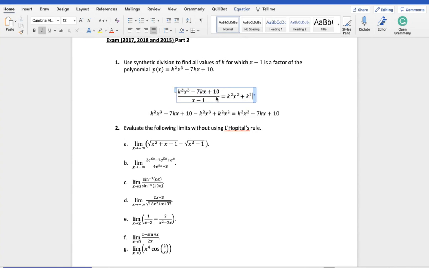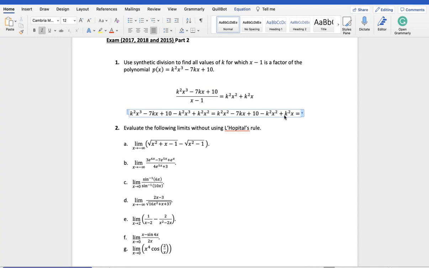When you multiply that in, you get k squared x squared plus k squared x.